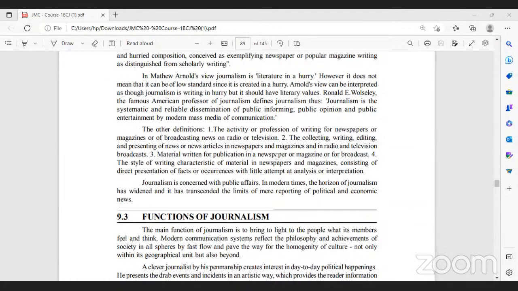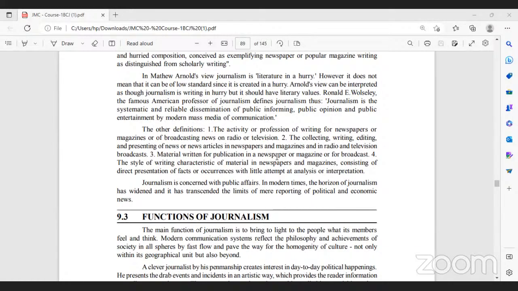The second one understands it in terms of collecting, writing, editing, and presenting news. As Professor Ronald E. Wolseley has said, it has some mode of transmission media. So it could be a newspaper, a magazine, a radio, or a television broadcast.